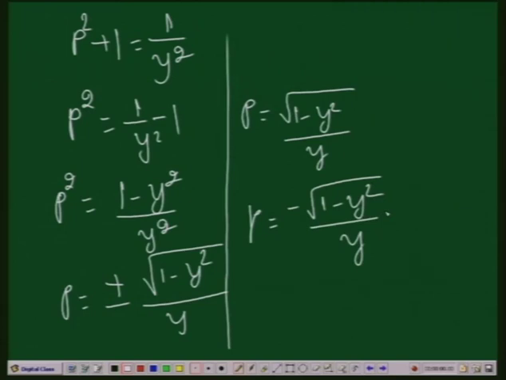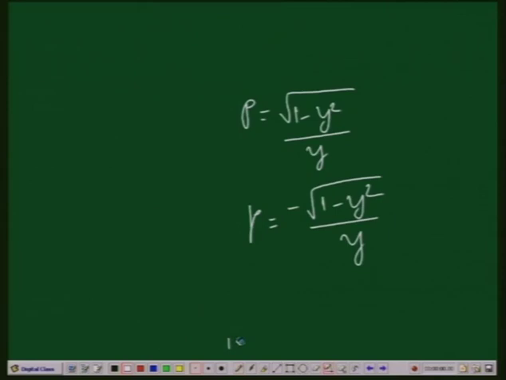Now, according to rule, we have to solve this differential equation. Consider p equals to root of 1 minus y square divided by y.